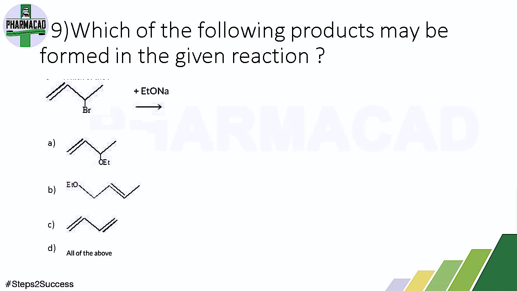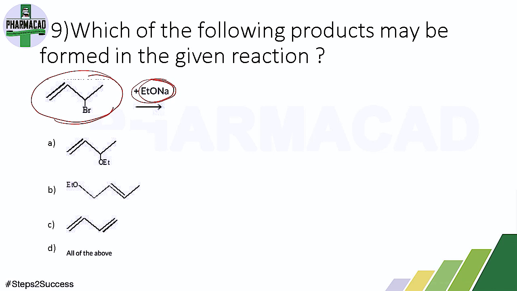Next is, which of the following products may be formed in the given reaction? The reactant is this, and we have to treat this with this. So what will happen when we treat this with EtONa?